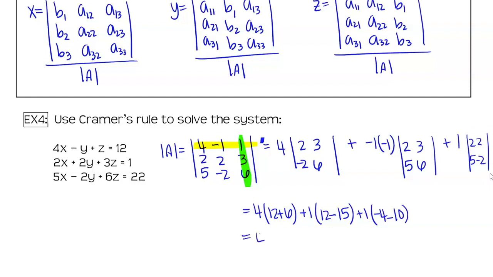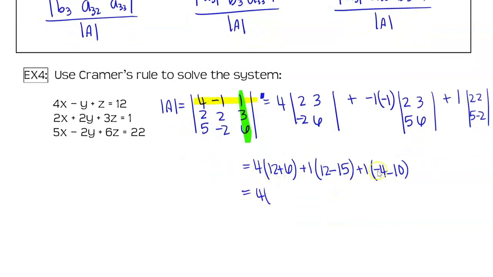Alright, and then I'll do some simplifying. 12 plus 6 is 18. 12 minus 15 is -3. And -4 minus 12 is 14. 4 times 18 is 72. Minus 3 is 69. Minus 14 is 55. Okay, so that's going to be the denominator of our 3 pieces.